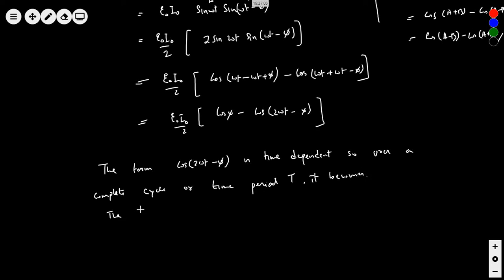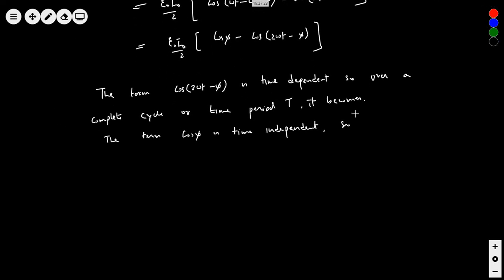The first term, cos phi, is time independent. So neglecting the second term, we can write power equals E naught I naught by 2 cos phi.